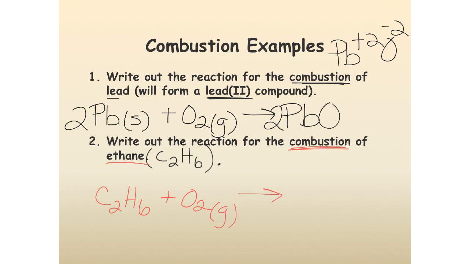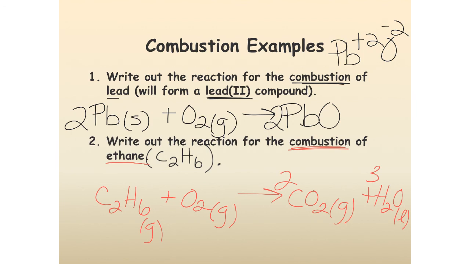And since this is organic, we are making carbon dioxide and water. And then ethane is a gas, so we put that in, and you wouldn't need to know that. Then we would just need to balance. Since we have 2 carbons, we'll need a 2 in front of the CO2. Since we have 6 hydrogens, we will need a 3 in front of the water.